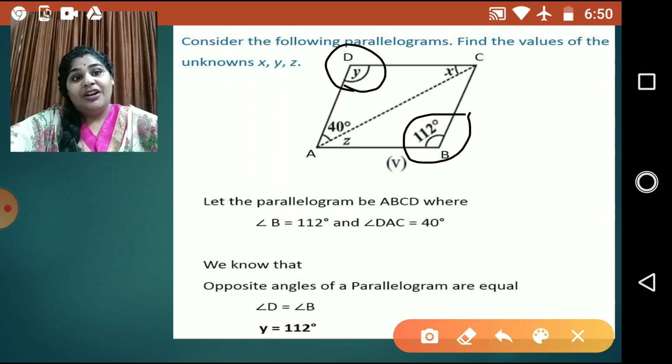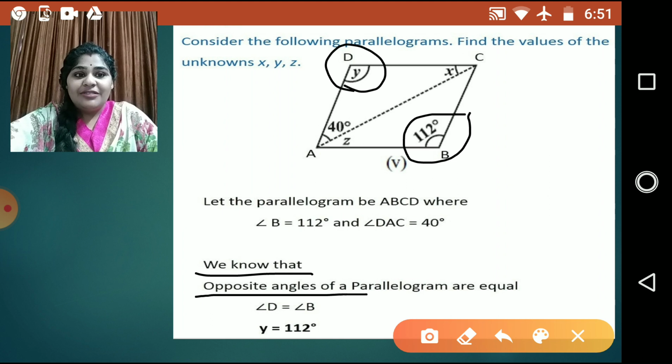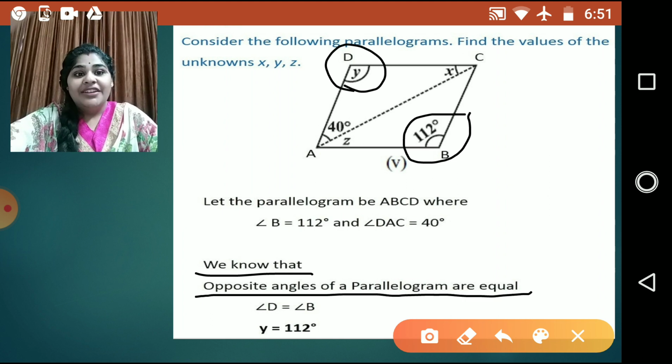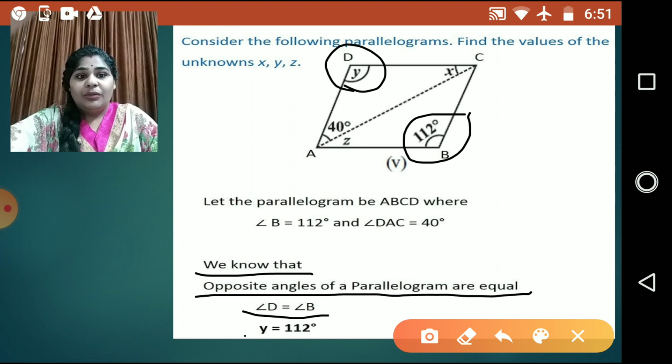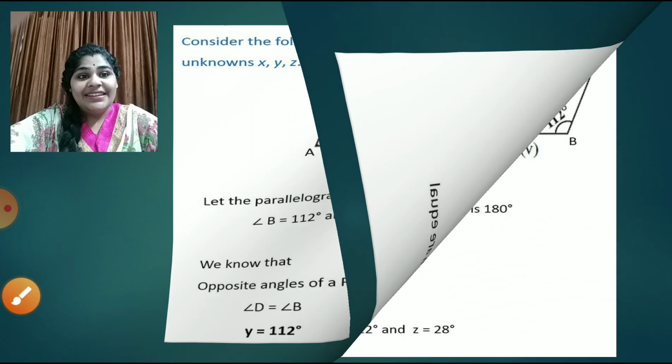So can I say now that angle Y is also equal to 112 degrees? Yes. We know that opposite angles of a parallelogram are equal. So angle D and angle B are equal, that is angle Y is equal to 112 degrees. Let us see the next one.